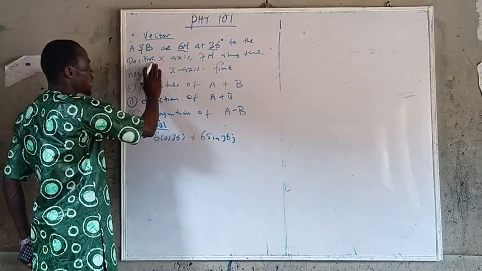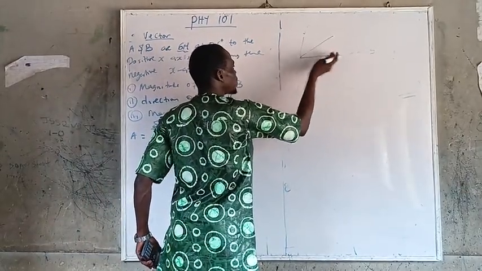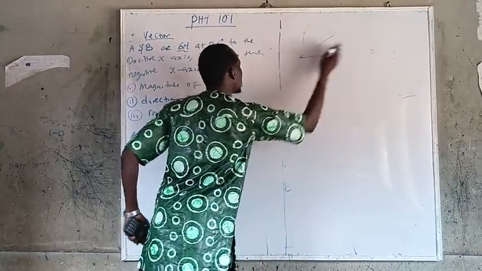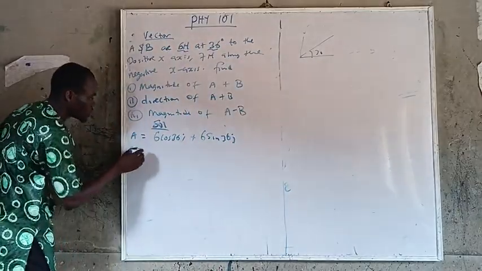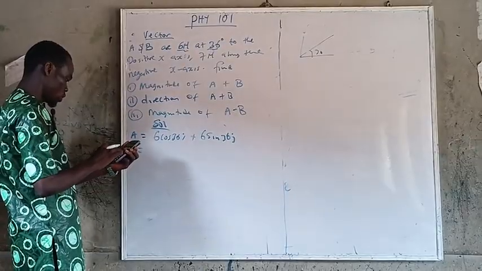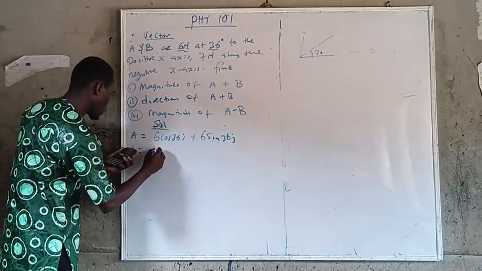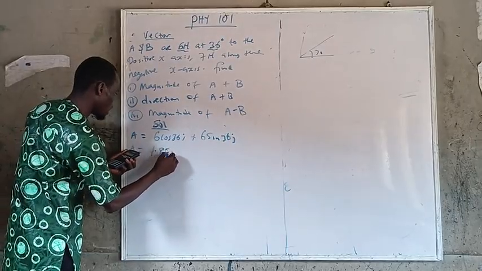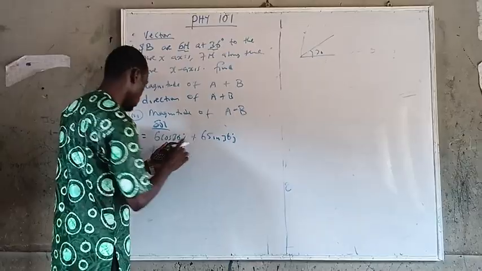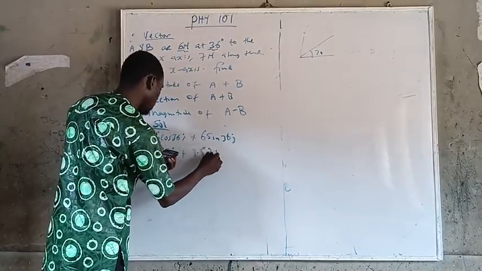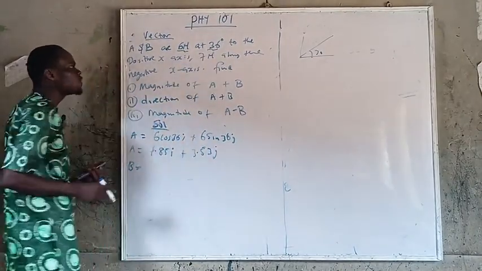Now they say on the positive side of x, so you can see y positive, x positive, 36 degrees to the horizontal. So that is A, and from here you can say A is equal to 6 cos 36 i, which is 4.85i, plus 6 sine 36 j, 3.53j.